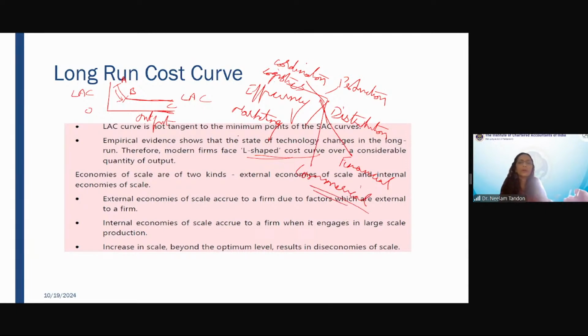And stay here for innovations, research and development. And then stay here for the longer period of time.